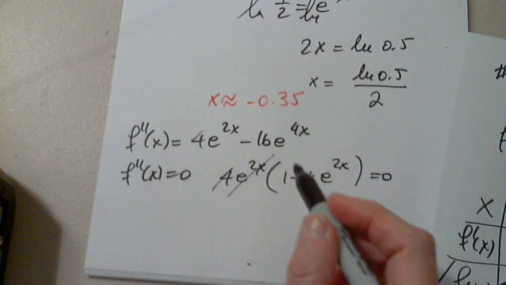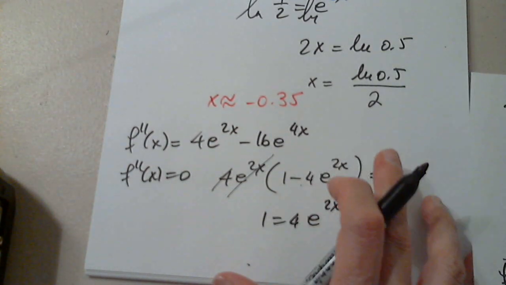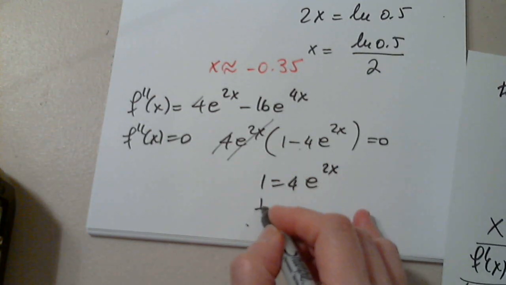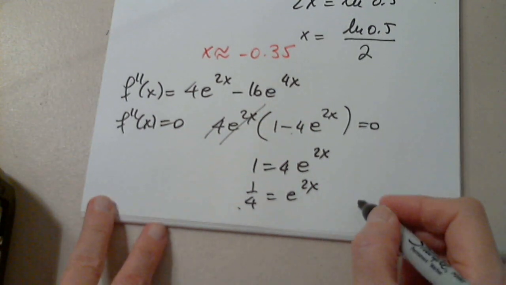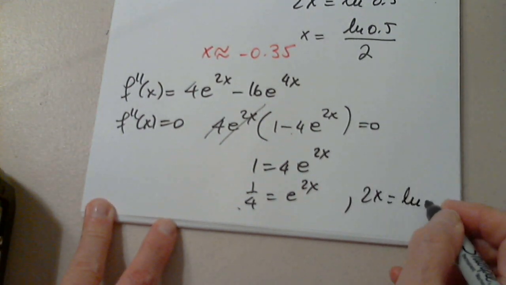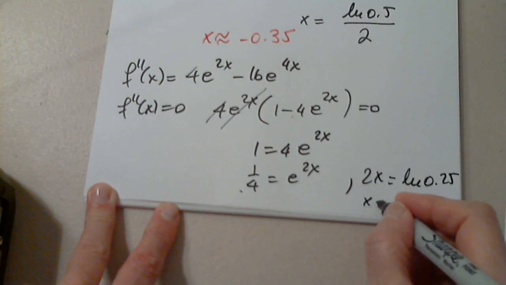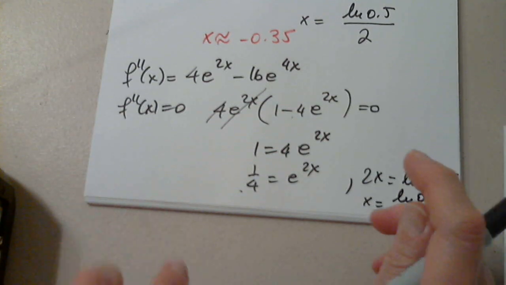These cannot be 0, but 1 can be 4e to 2x. So 1/4 equals e to 2x, and I have to apply natural log. So 2x equals natural log of 0.25, and x equals natural log of 0.25 divided by 2.